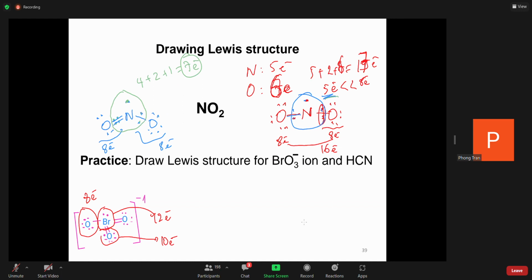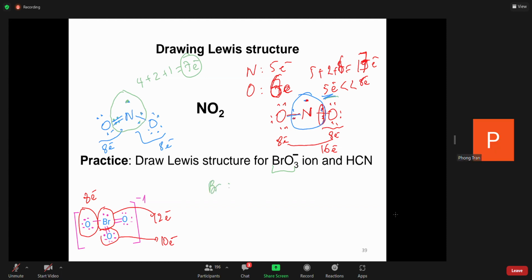If you have 1 double bond and 1 single bond, the central nitrogen has 7 electrons, so it gets closer to 8 than 5. So structure number 2, with a double bond and 1 single bond, is more likely compared with NO2 with 2 single bonds. Is it okay? Yes, I get it. Thank you. Okay.